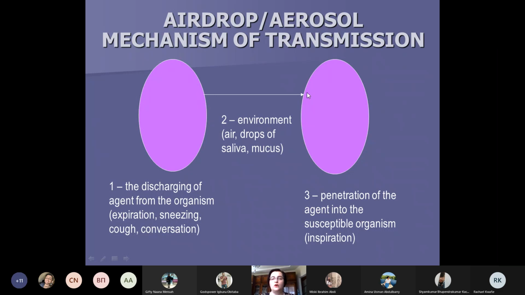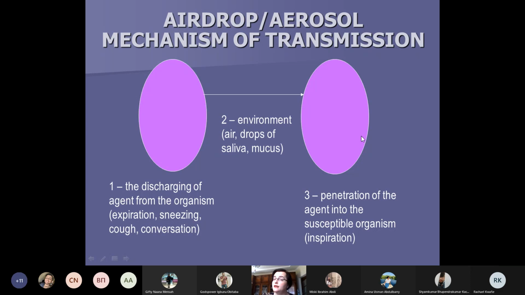Second, this arrow, it's the second chain of the epidemic process. It's the mechanism of transmission, and here it will be the airdrop or aerosol mechanism of transmission. That's why respiratory infections spread through the environment, in air, by drops of saliva and mucus. We will speak more exactly about this during influenza.